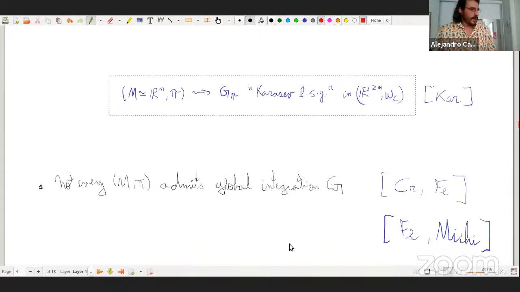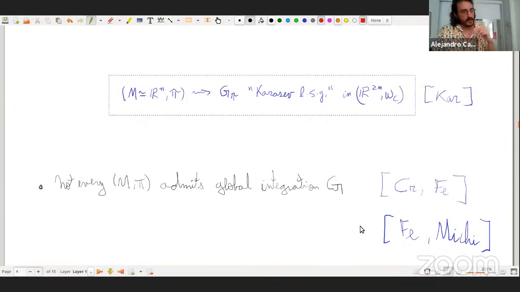Another question is whether you can extend this local structure to a global one, so that you can always multiply any arrows whenever they are composable. And it is known that this is not always the case. The theory of obstructions behind this global problem was developed by Crainic and Fernandes.